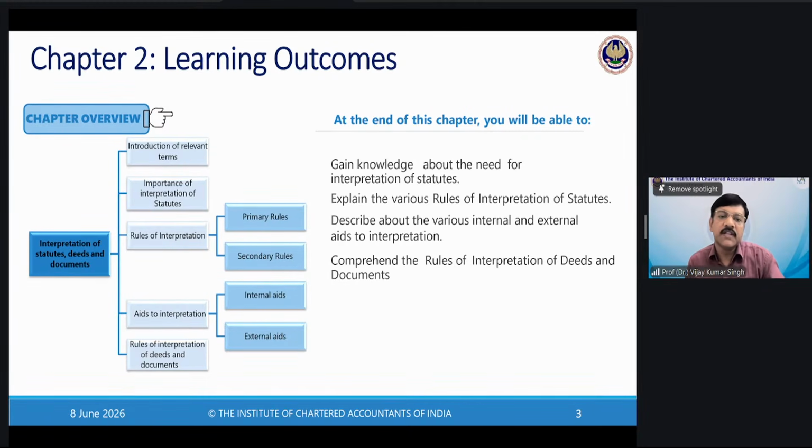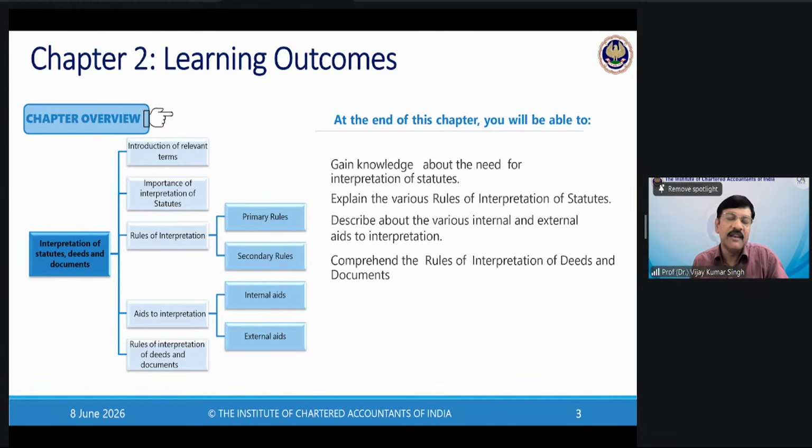So it is not only the interpretation of laws, but there is also a requirement of interpretation of deeds and documents. Either it is a sale deed, mortgage deed, or any kind of deed, you have to do interpretation. Particularly, chartered accountants have to interpret these deeds.